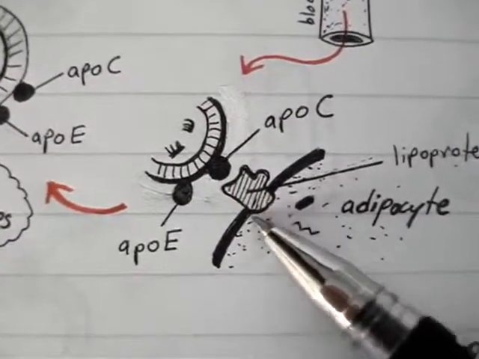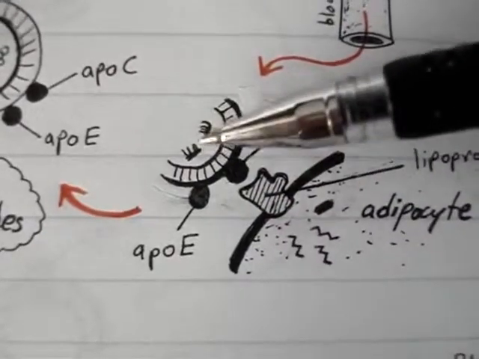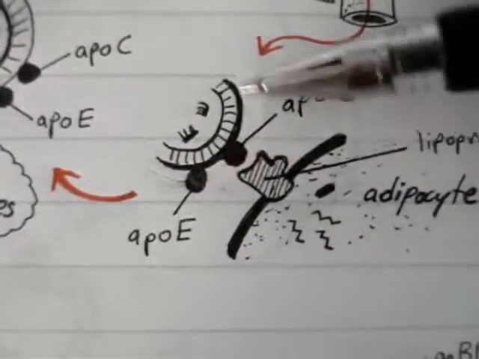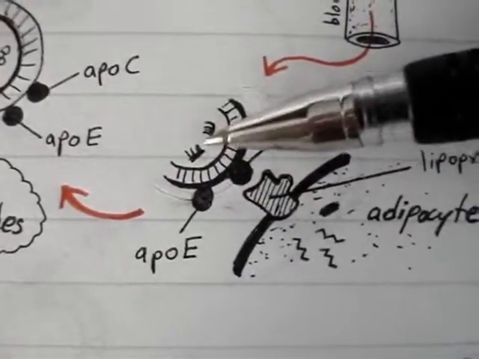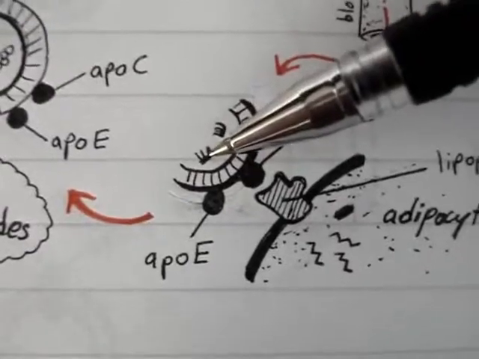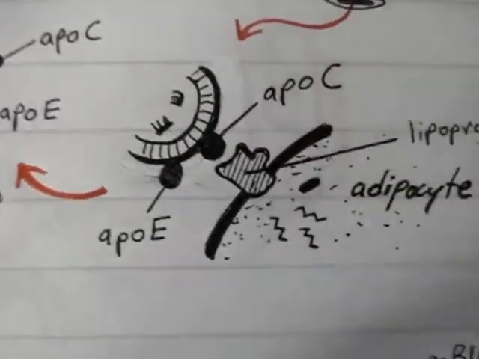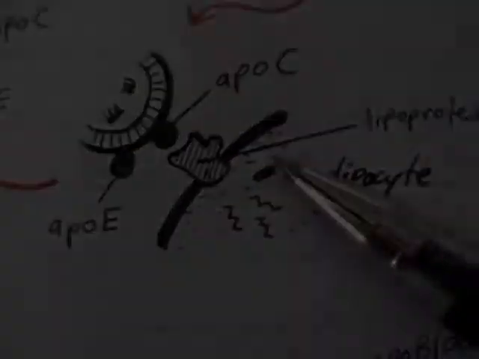When it binds to the lipoprotein lipase, this enzyme is going to cleave the triglycerides in this VLDL into individual fatty acids and glycerol, and the fatty acids and glycerol are going to be absorbed into the adipocyte as shown here, free fatty acids and glycerol.